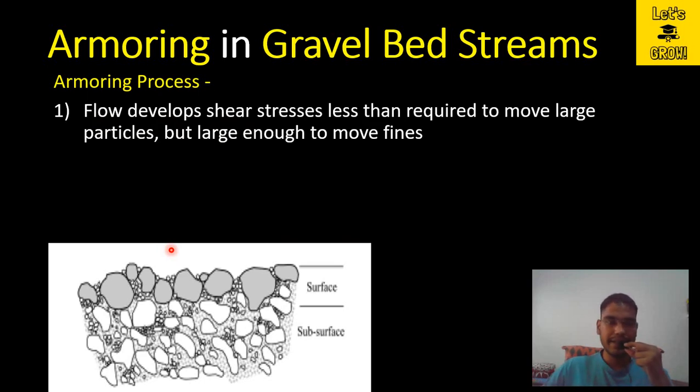Now we will discuss how the armoring process happens in a river system. In the first step, the flow develops shear stresses which are less than required to move large particles but large enough to move fines.